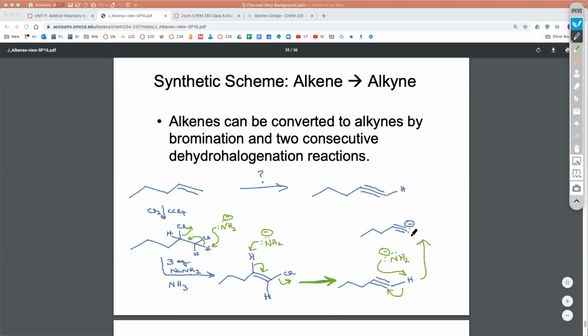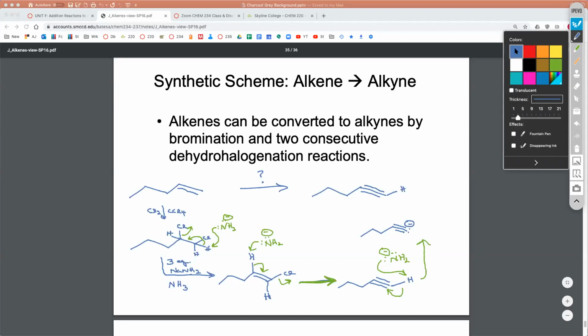And then the last thing that we would do, and now I'm going to switch back to blue because now this is a different step, we'll actually add probably a weak acid workup.